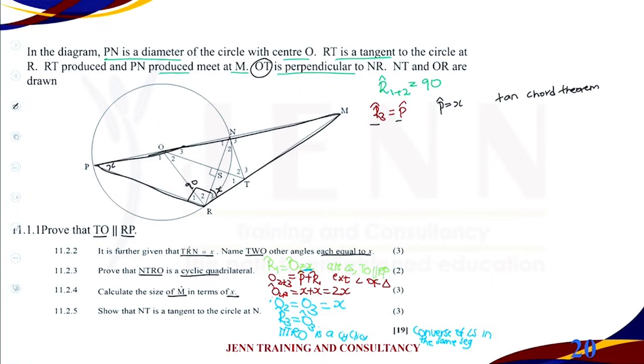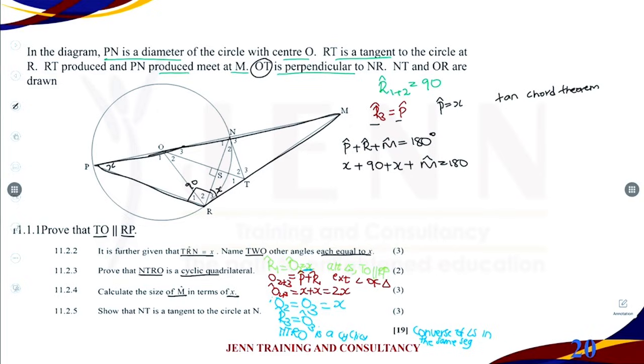Therefore, angle P plus angle R plus angle M is equal to 180 degrees. So the size of angle P is x, plus angle R. Remember angle R, we have R1, R2, which is 90, plus R3, which is x. And then plus M is equal to 180.